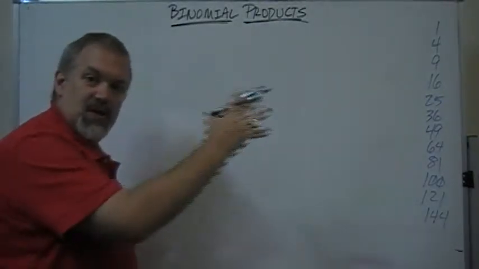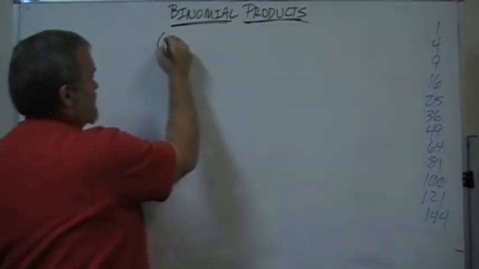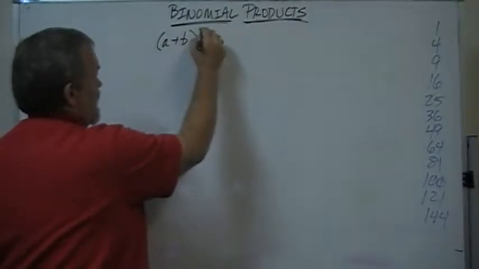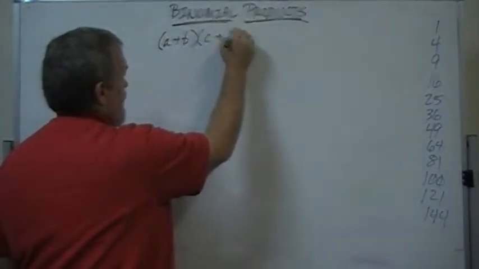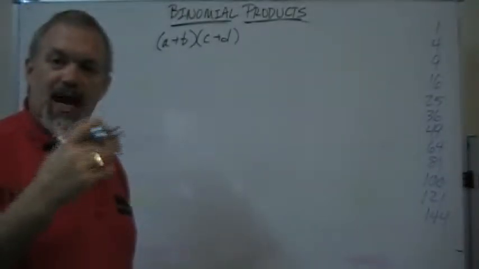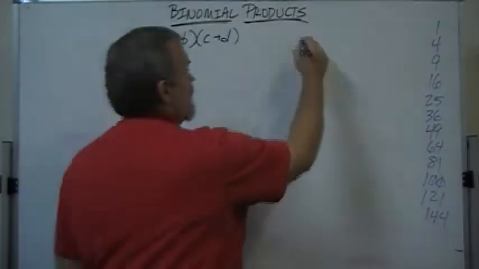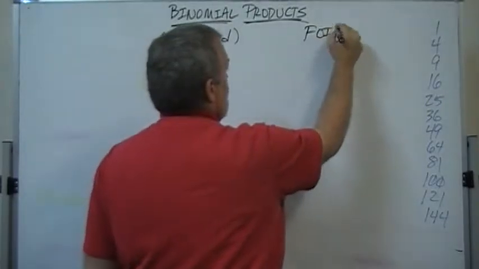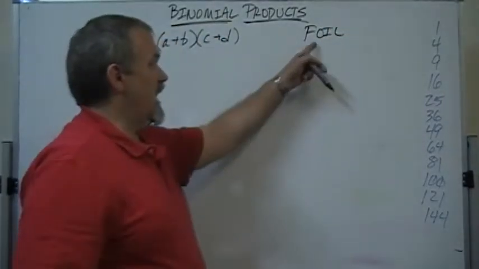Whenever we had two sets of numbers multiplied by each other, something like a plus b times c plus d, we used a process called FOIL: first, outside, inside, last. What FOIL means is first, outside, inside, last.